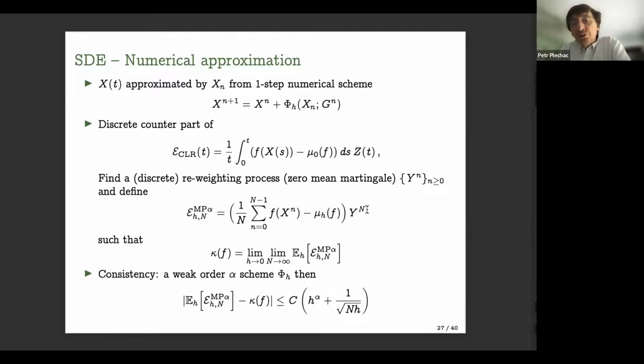It turns out that this needs a bit of work to achieve consistency in the bias.